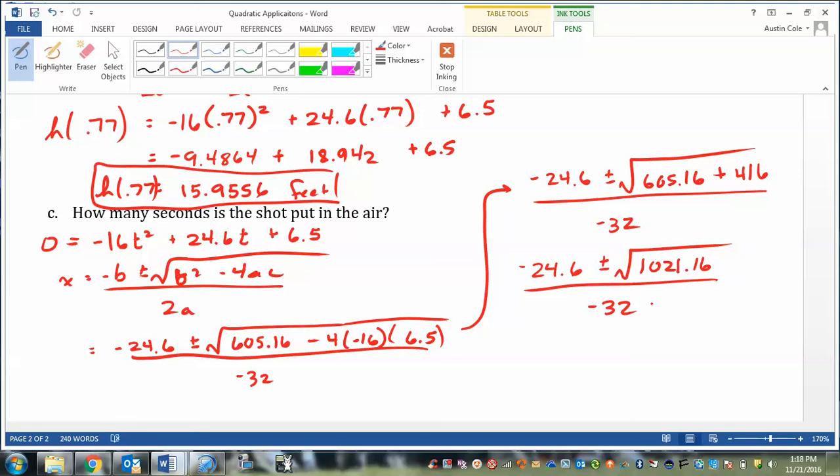See what I'm doing? I'm just thinking about the signs and which one I want to do. Now, could we just do both of them and then figure out, oh, this one's negative? You could, but I'm just thinking ahead a little bit. We don't want the negative one. So the only one I want is negative 24.6 minus the square root of 1021.16, divided by negative 32.